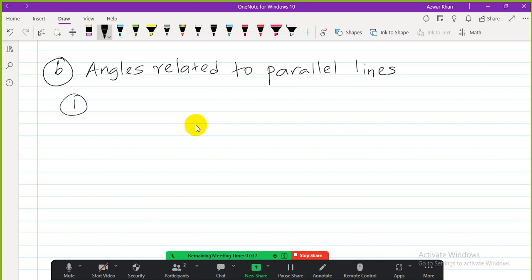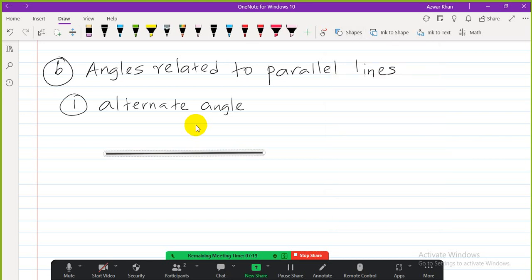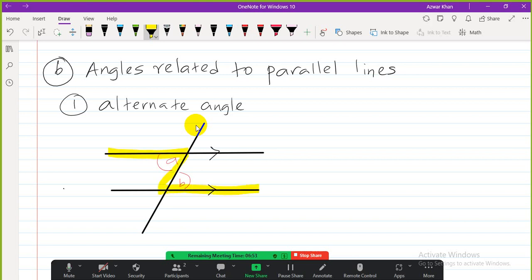Number one, alternate angle. As I said, you are going to remember it with the letter Z. Say this is A, and the other angle always comes here, B. So you can clearly see the shape Z. A and B. So angle A is equal to angle B.